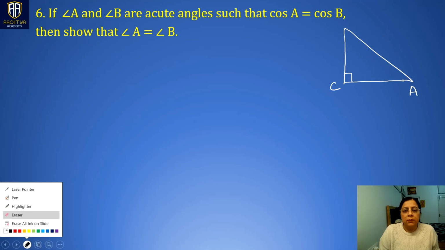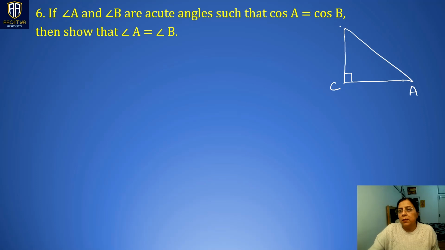So if I am keeping this as A, let this be B. Now, angle A and angle B are acute angles such that cos of A is equal to cos of B. So in this case, we have to consider the ratios of both the angles B as well as A. First of all, I am taking ratios according to angle B. If I keep angle B as the concerned angle, that means I have to keep this side as base, and this is obviously hypotenuse. This becomes perpendicular for angle B.